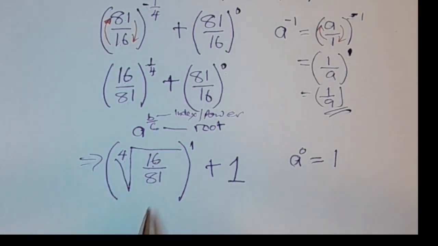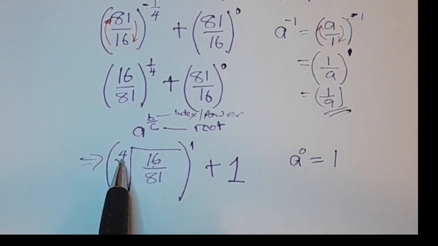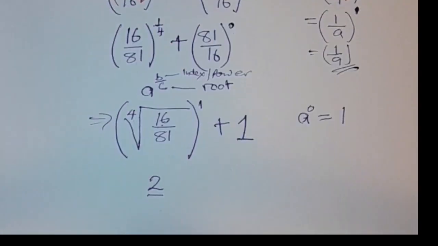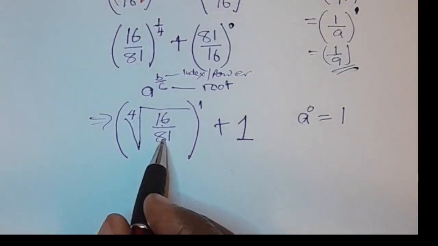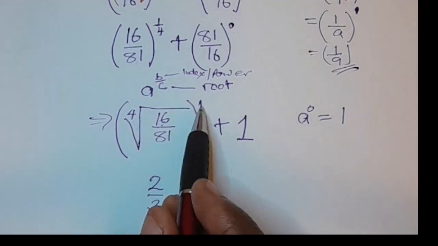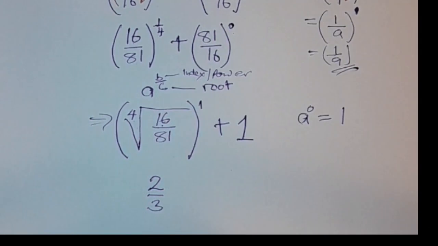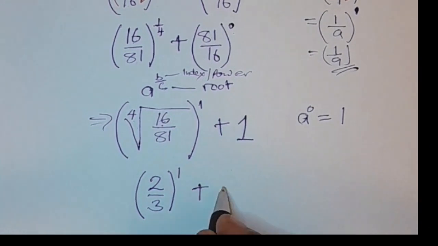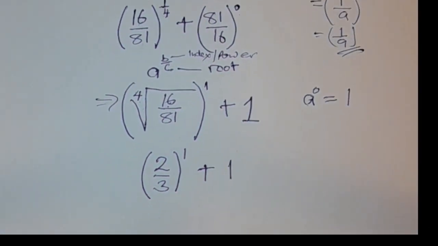The fourth root of 16 is 2. What is the fourth root of 81? It's 3. Everything is being raised to the power 1, then plus 1 here.